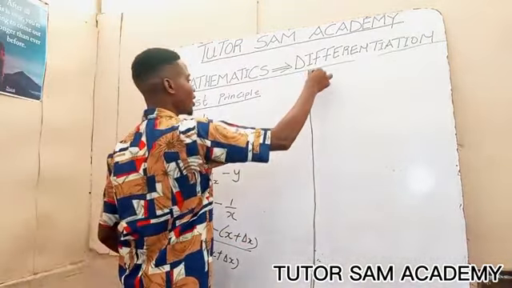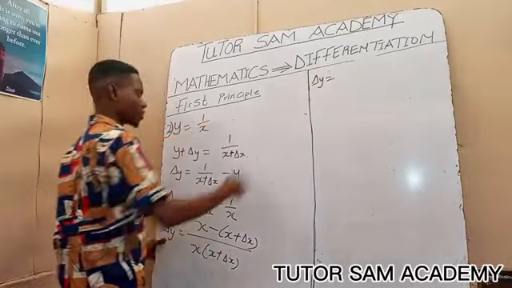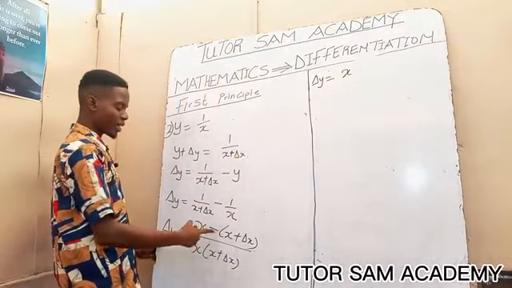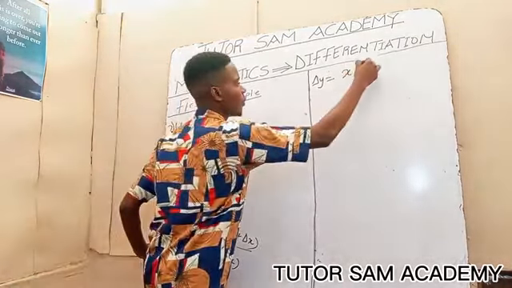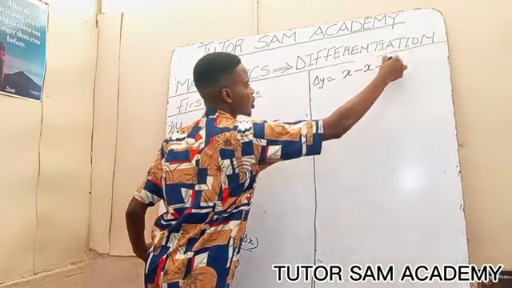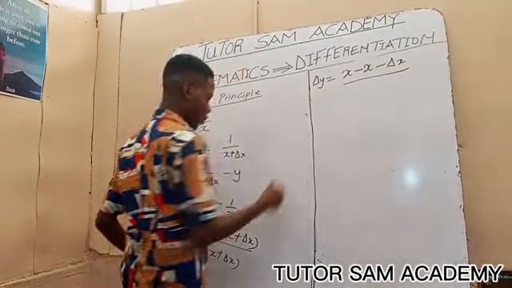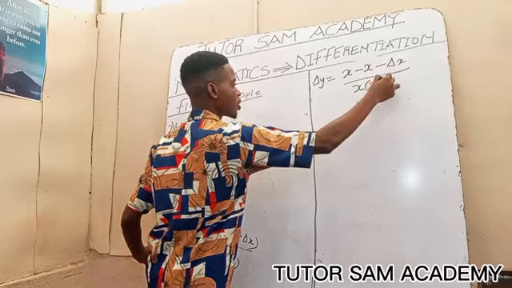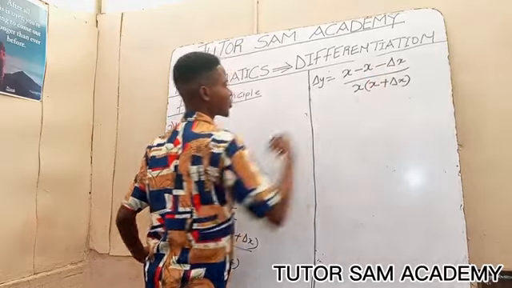So change in y will be equal to what? x. Let's use minus to expand this. This will be minus x minus change in x, all over x into x plus change in x.